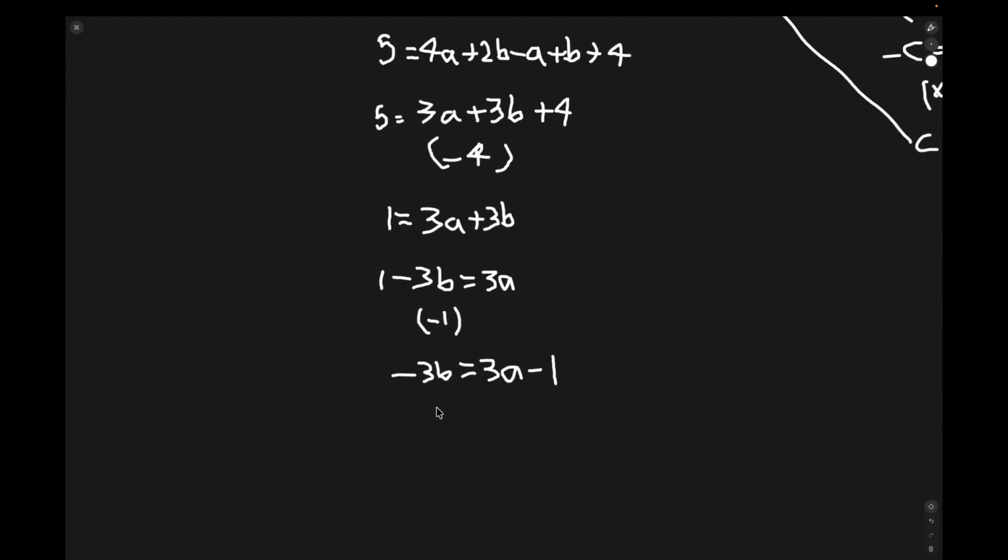Now we're going to times both sides by negative 1 to get 3b on itself. 3b is equal to negative 3a plus 1.